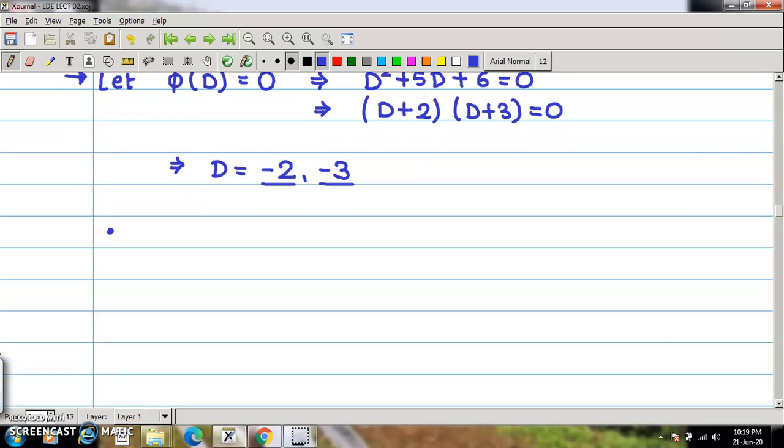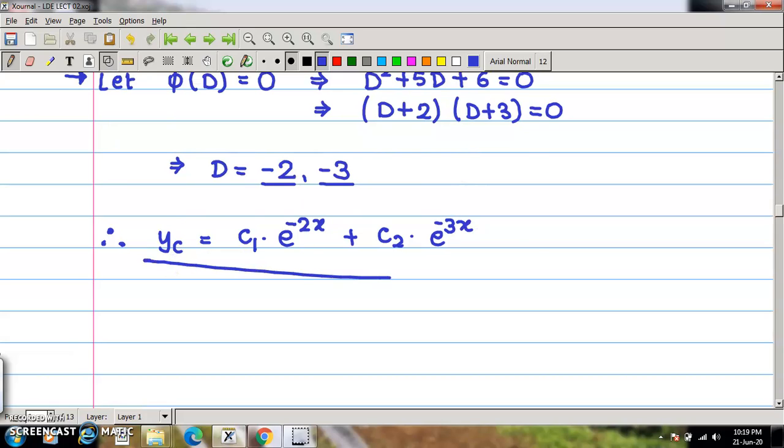Therefore, the required complementary function will be c1 into e raised to minus 2x plus c2 into e raised to minus 3x. So this is the required complementary function. We can denote it by equation number 1.